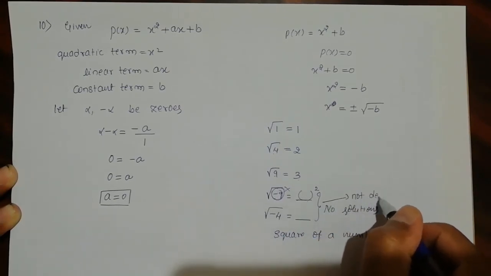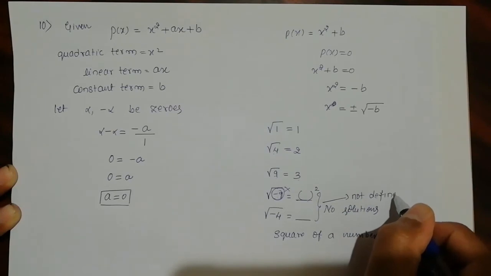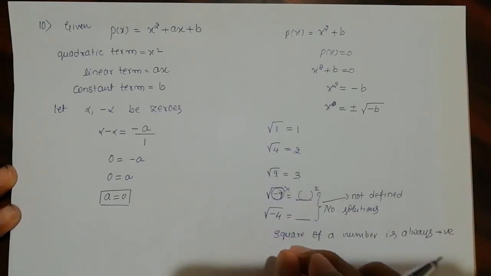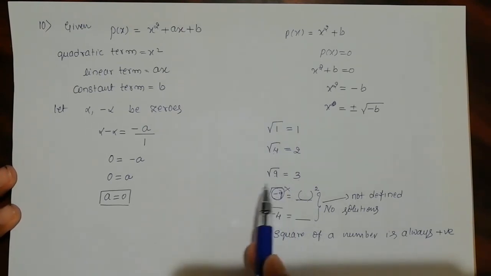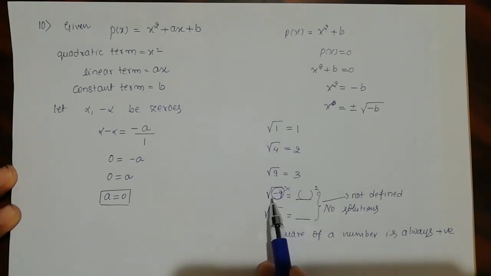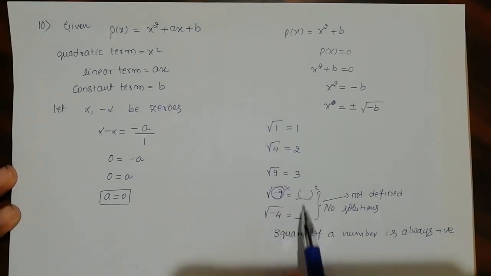Remember this, it is very important. Based on this concept, you are going to study one chapter in first PUC, complex numbers. In the beginning of that chapter, he is going to explain that the square root of a negative number is undefined, because square of any number will not become negative. That's why it is undefined.